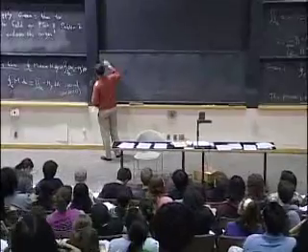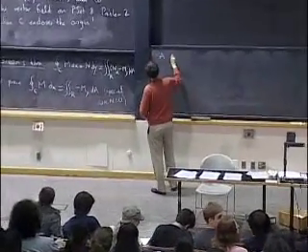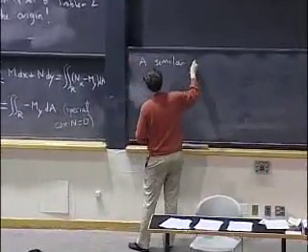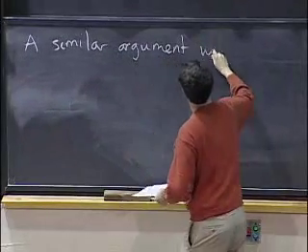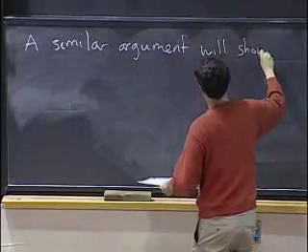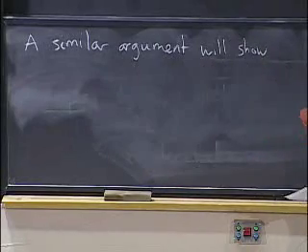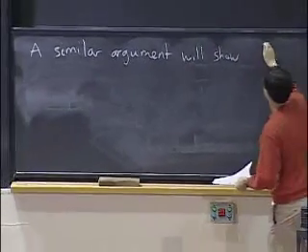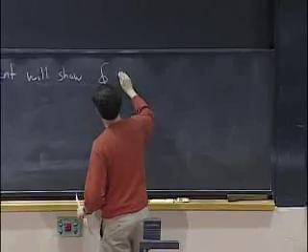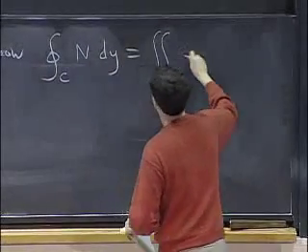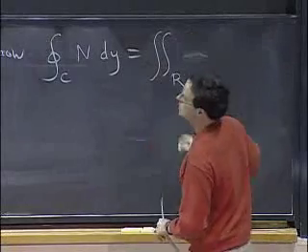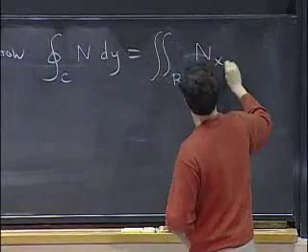Okay, so a similar argument, which I will not do to save time, will show, so it will be just the same thing, but switching the roles of x and y, that if I integrate along a closed curve n dy, then I'll get the double integral of n sub x dA.